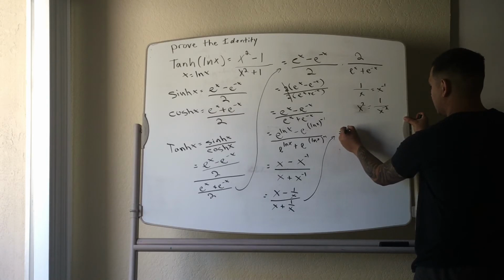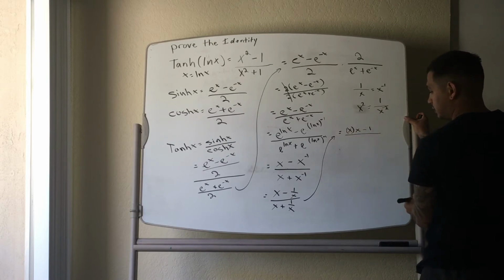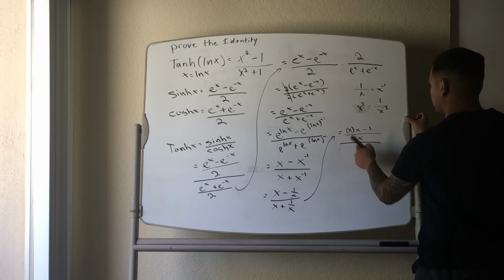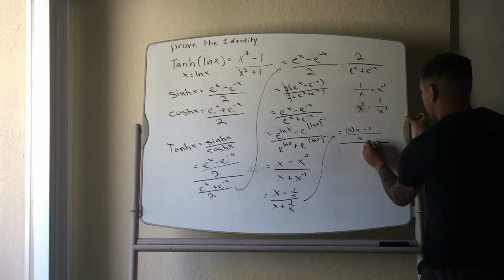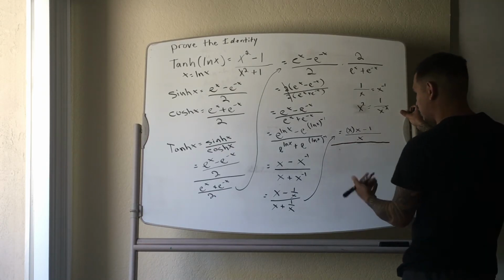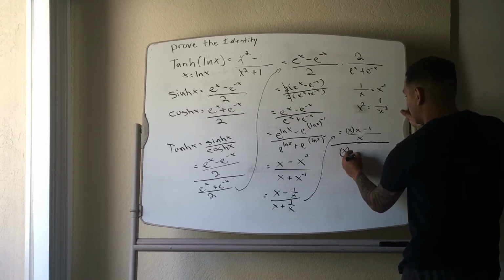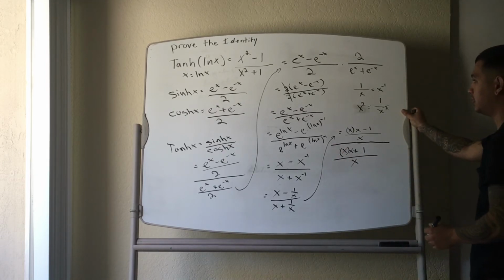So this will be x times x minus 1 over x, over, and I like to exaggerate these a little bit more so that you could see clearly what fraction is dividing by what fraction. So we're going to do the same, getting the common denominator for the bottom. Same thing we did over here.